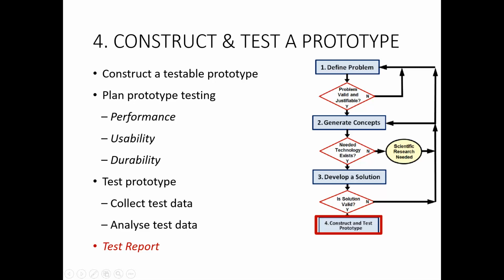So prototypes are always made of cheaper materials so that cost reduction is possible. If we are trying to make a prototype with the actual material of the final product, then it will be very costly. So here we reduce the cost by using cheaper materials for a prototype. So that is the difference between a model and a prototype.